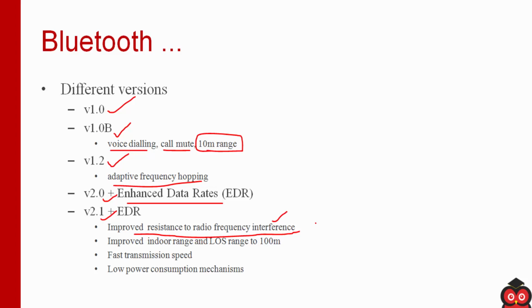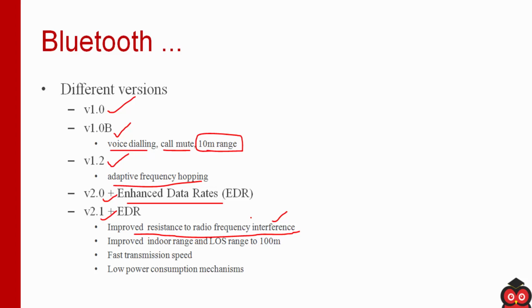What is radio frequency interference? Between the Bluetooth master and slave nodes, which I will talk about later, if some object comes in between, that is called interference.